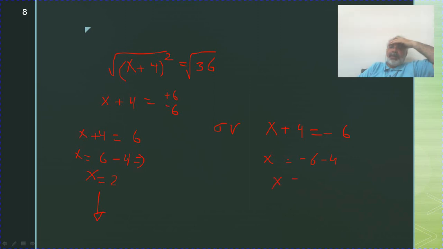So finally, x equals minus 10. And this is the second solution. This is the second approach. It is simply taking the square root of both sides. And don't forget that the square root of 36 is plus and minus 6. It is not just plus 6. Plus 6 times plus 6 is 36, and minus 6 times minus 6 is 36.